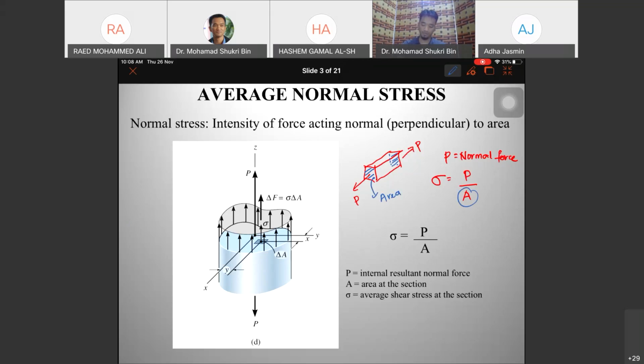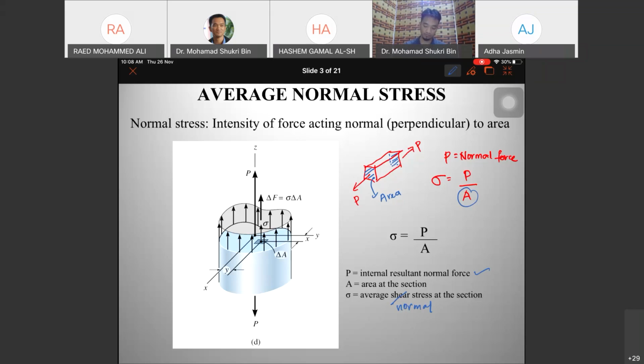P over A. So we have P as the internal resultant normal force. A is the area at the section. And sigma is the average. This is not shear. This is normal stress at the section. So that's the normal stress.